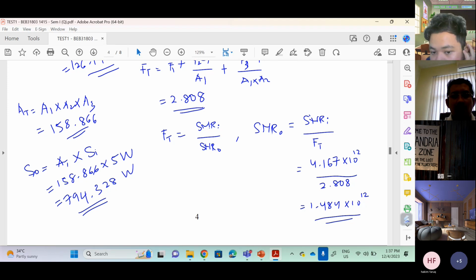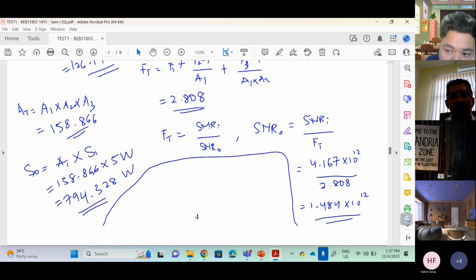Okay, so NO is equal to what? SNR O, divide with... SO dibagikan, so SO divide with SNR O. Sebab kita nak cari NO. Okay, so therefore ni berapa?